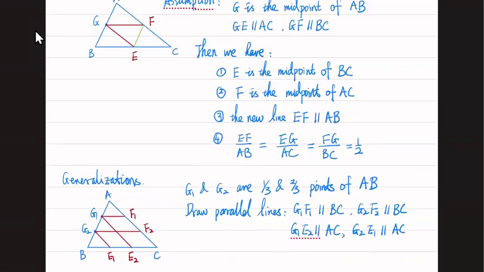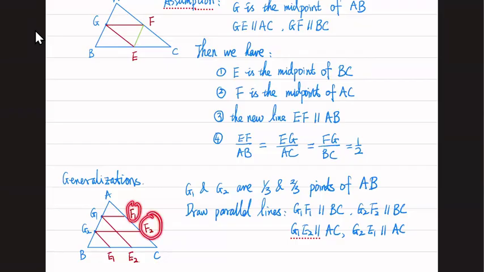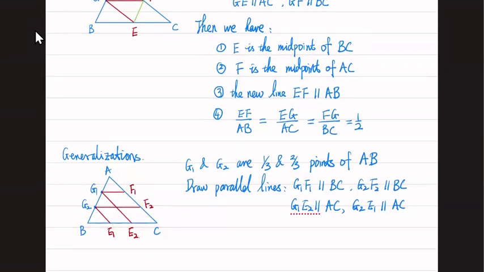The conclusion is similar. The previous one, E is a midpoint, F is midpoint. So here, F1, F2, 1/3, 2/3 points. E1, E2, 1/3, 2/3 points. Similar.